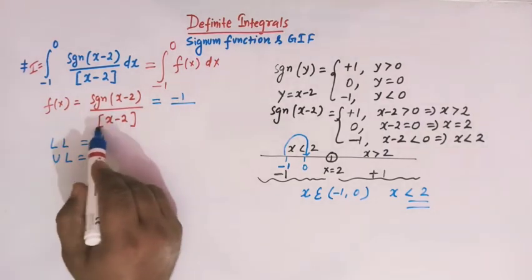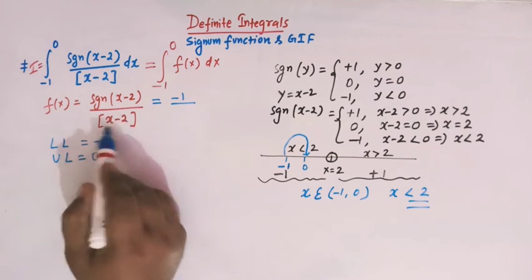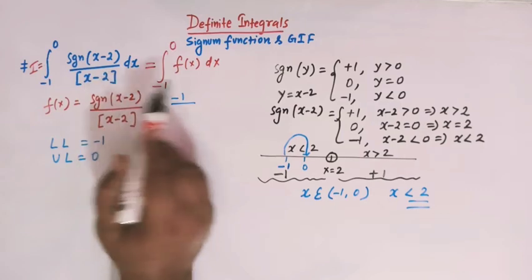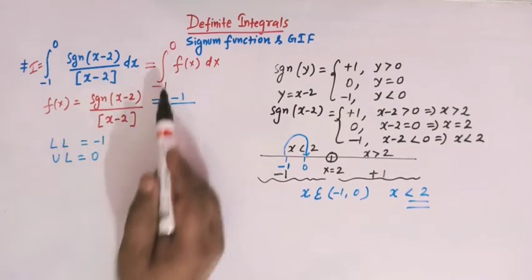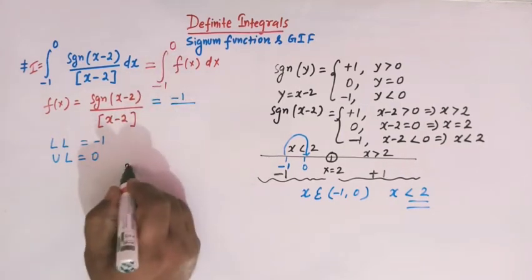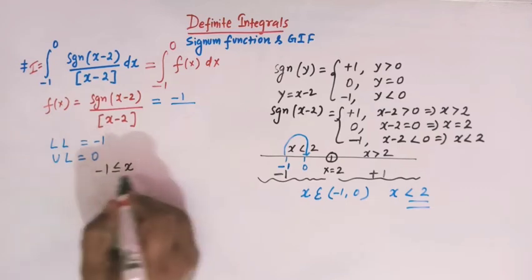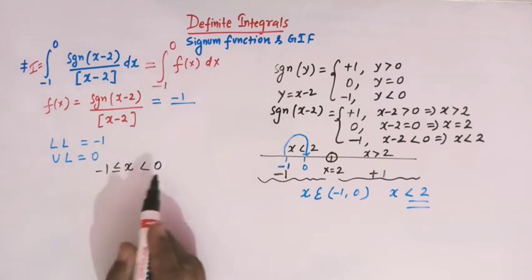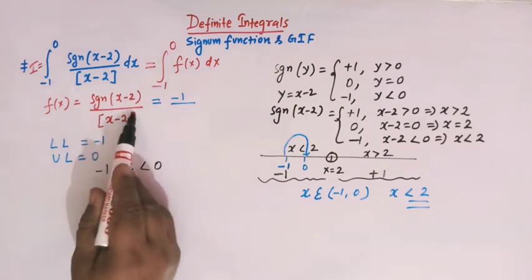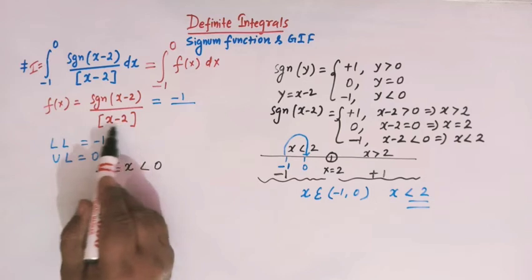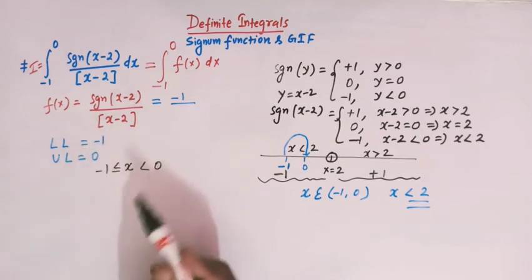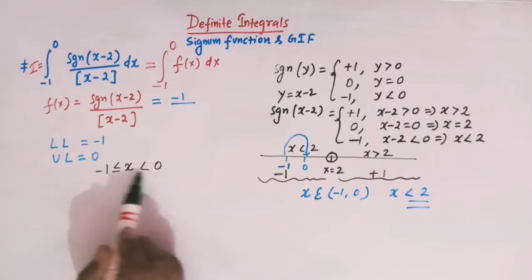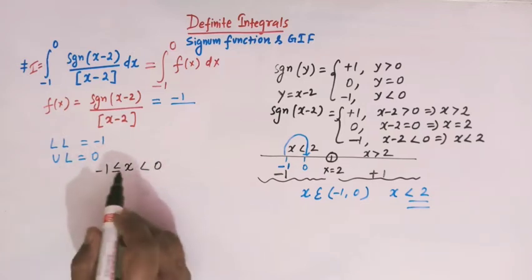Now let us consider this greatest integer of x minus 2. Again let us take a look at the limits of integration, from minus 1 to 0, and we have to decide the value of greatest integer of x minus 2. So we will subtract 2 throughout this inequality, because we need x minus 2.